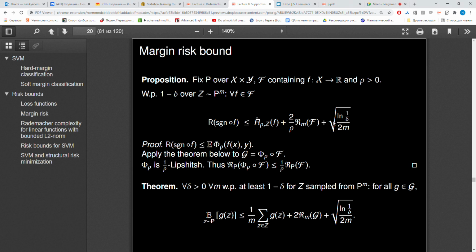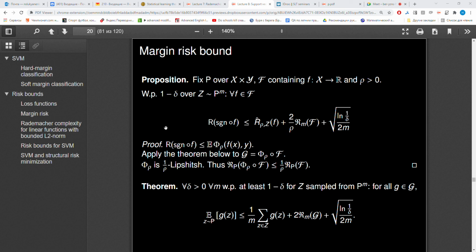We just want to say that we have some inequality. As you can see, it's really close to the inequality we want to prove.